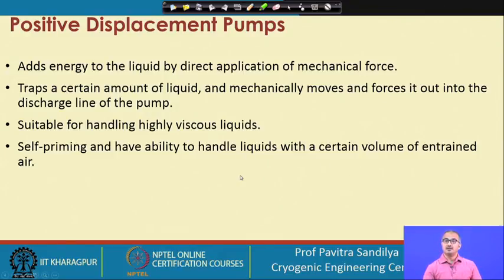And priming, you know, is done so that we can drive out the entrained air. Otherwise, the liquid cannot get sucked in, because the liquid pressure has to be more than the pressure inside the pump. And we know that for example, for water we need about 10 meters of water height to get 1 atmosphere pressure.